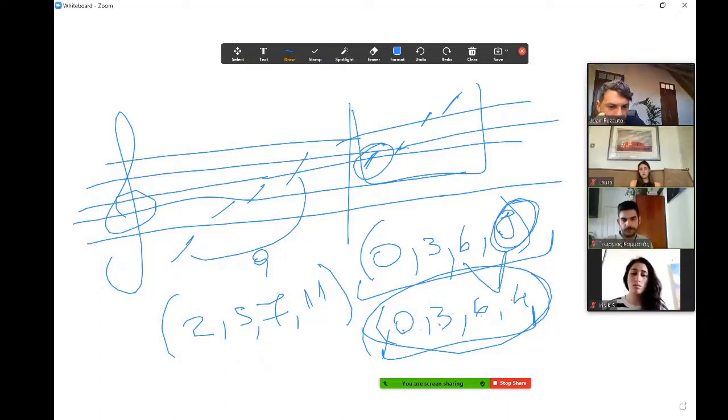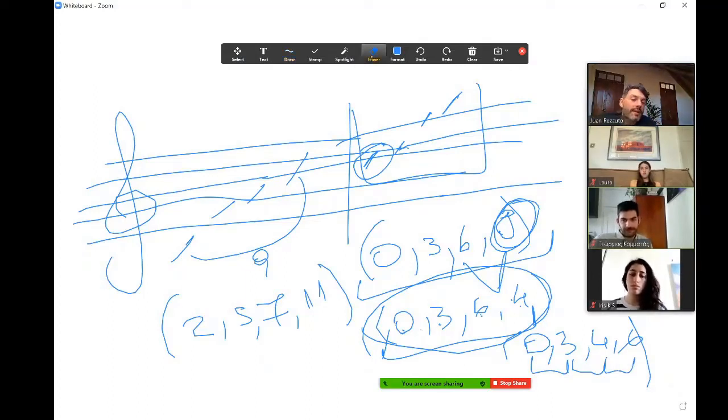This one is 3, this one is 2, then we will invert it. So what we can do as well is this. Basically, we can move it around and we keep the same interval classes, but we have the smallest expression of the pitch class set.